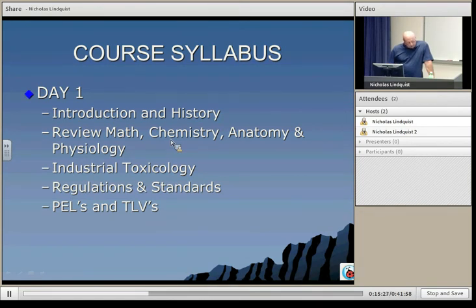Day 2, we're going to talk about the units of measurement and airborne concentrations of chemical hazards. We'll talk about some specific chemical hazards, a little bit on oxygen deficient environments and flammable liquids. We'll discuss some of the typical operations and processes where we find potential health hazards.